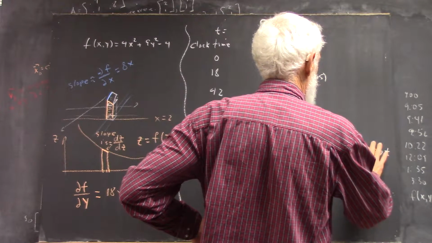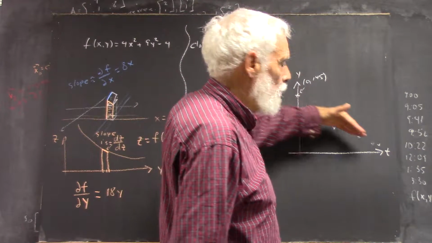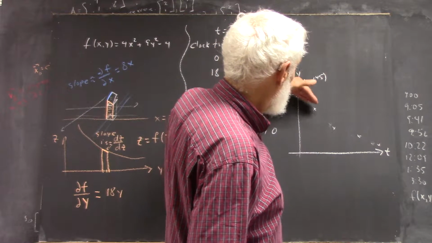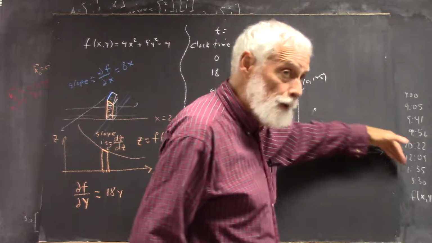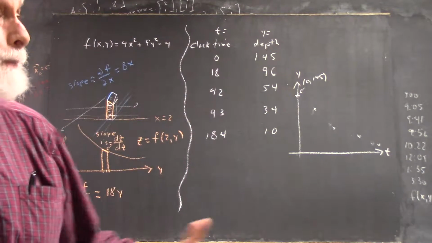They won't be this messed up. They'll be more regular than this. I can't draw a smooth curve through all of these points. I could draw a curve. I could come over here and then wobble down to here and wobble back to here and wobble down to here. But what's really happening out there is the flow keeps slowing down.